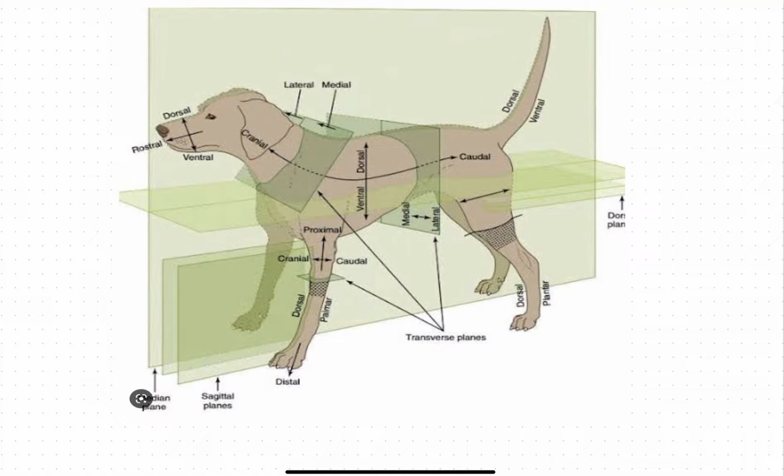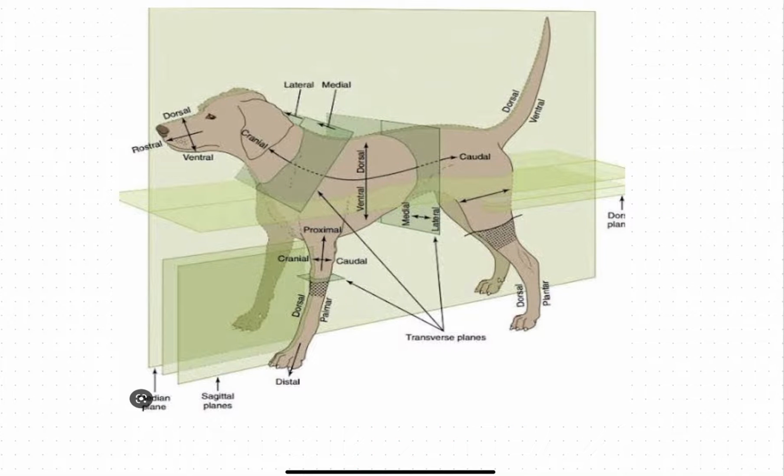What I am trying to say is that the region which faces towards the head, in the lower regions, this region and this region, is known as dorsal. And in the forelimb, the region which faces towards the tail is known as palmar, and in the hind limb the region which faces towards the tail is known as plantar. Palmar and plantar both together are known as volar.